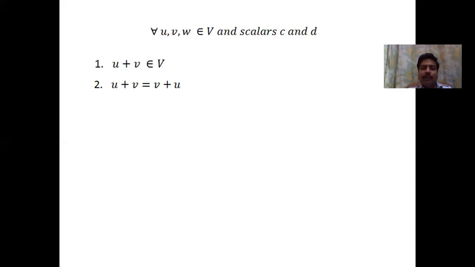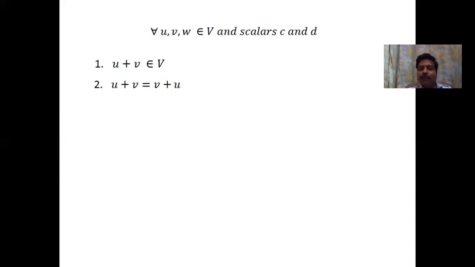Another simple example: if I take actions as my vectors, u is wearing socks today. Wearing socks is an action denoted by u, and v is wearing a shoe. So u plus v means you are wearing socks and then shoes. That can be done, whereas v plus u is not possible.